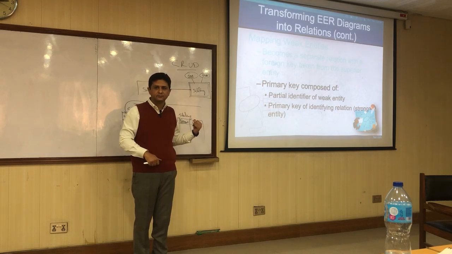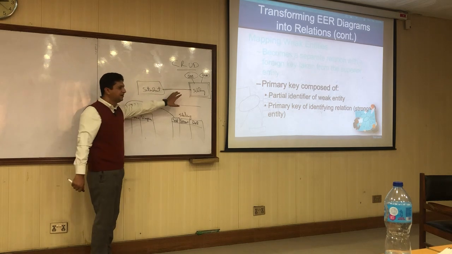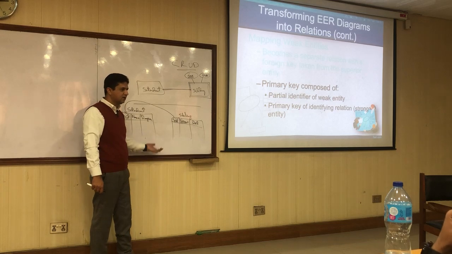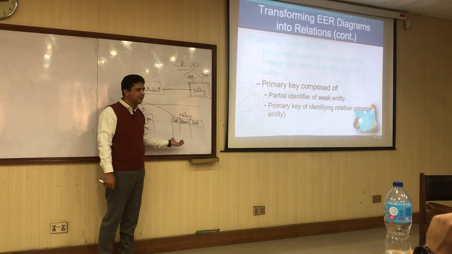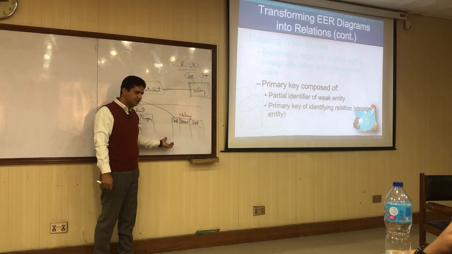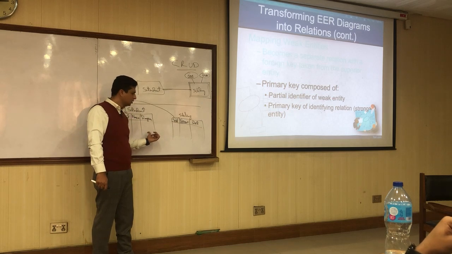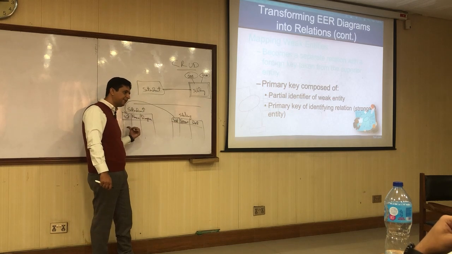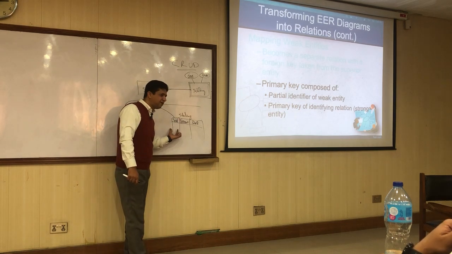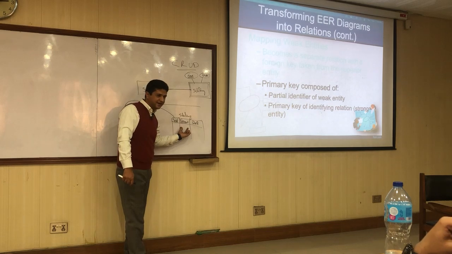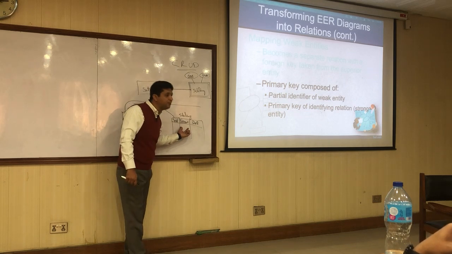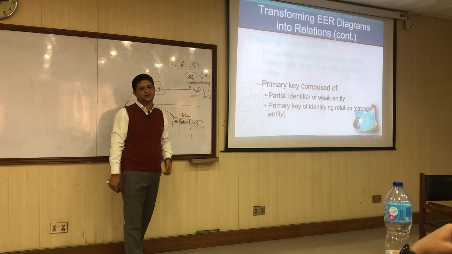Should I repeat it? So whenever there is a weak and a strong entity, we'll have two different relations, one for the strong and one for the weak entity. In the weak entity, there would be a foreign key taken from the superior relation. So that foreign key would be referencing the primary key of the superior relation. In this new relation, the foreign key and the partial identifier of that weak entity, they'll collectively act as the composite primary key for this newly created relation.